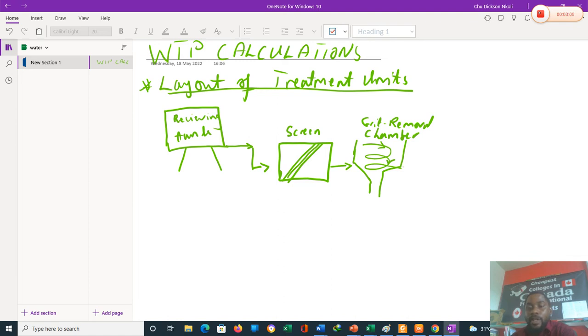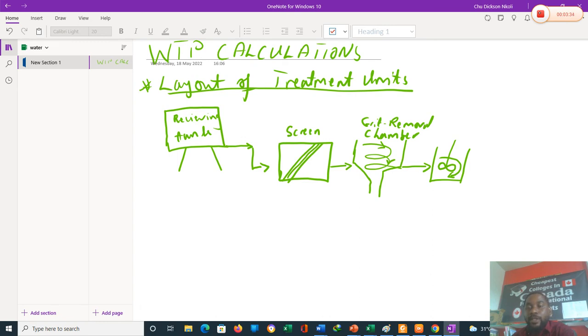From the grit remover chamber, we then move to the rapid mixing basin. The rapid mixing basin can be rectangular or circular, and it contains mixers, or what we call propellers. Here water is mixed rapidly in the presence of chemicals called coagulants.